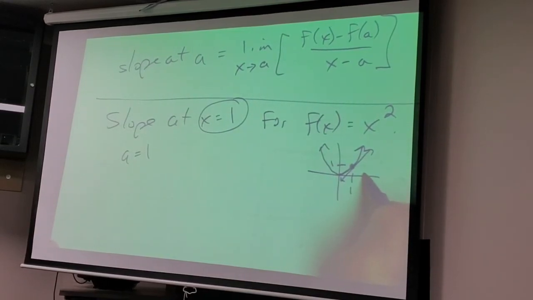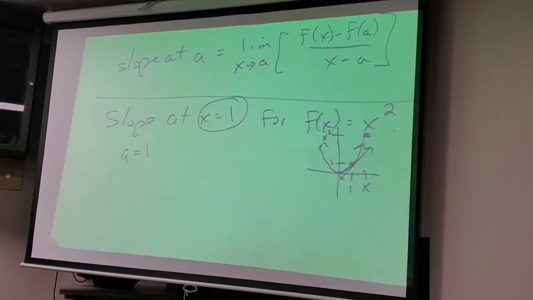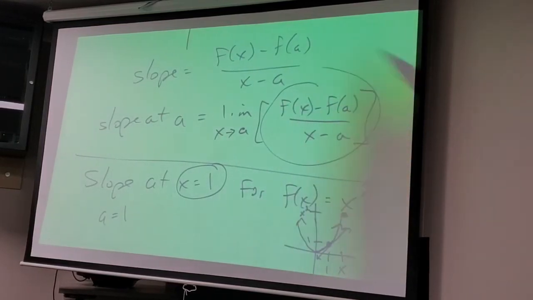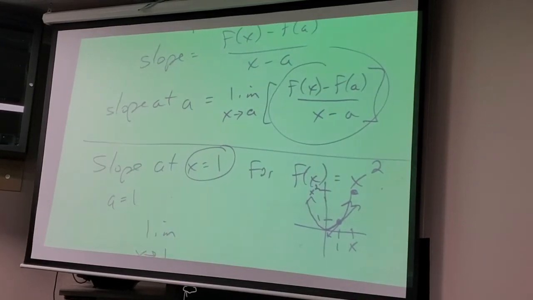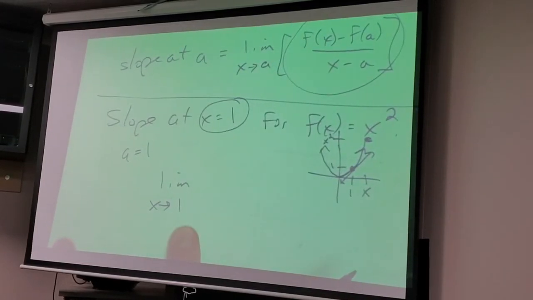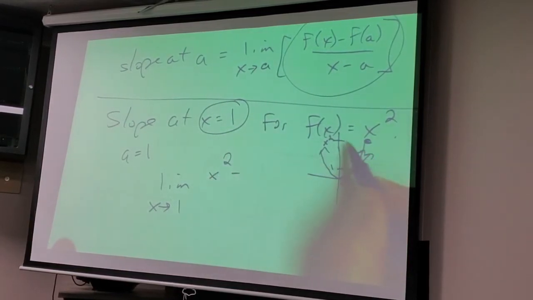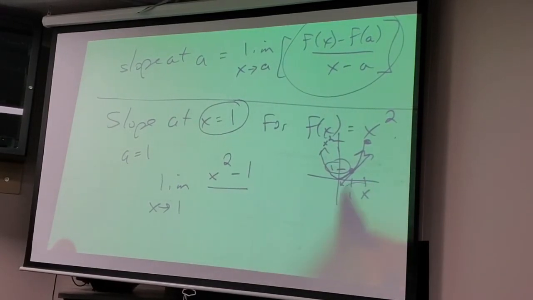Pick another point, X. Here's that point. What's the output there? X squared. I've got 2 points now, don't I? In fact, this tells you exactly what to put down there. The limit as x goes to a, which is 1, of f of x minus f of 1 divided by x minus 1.